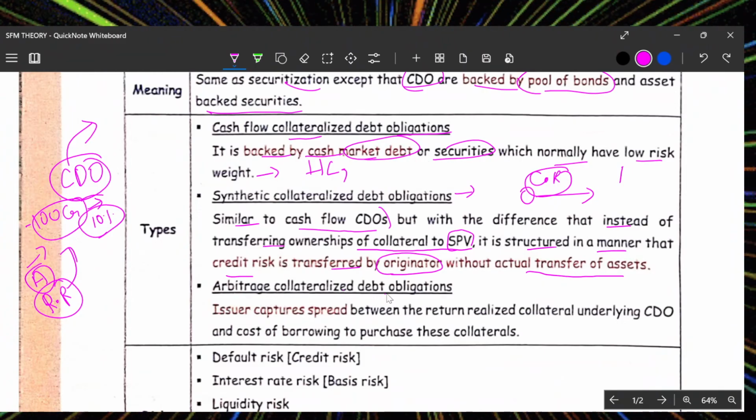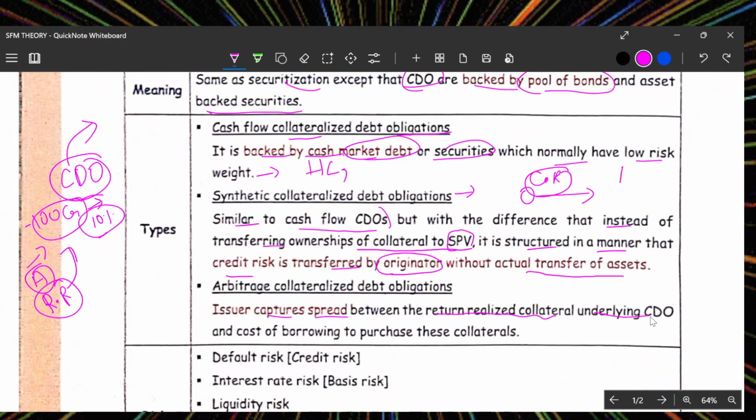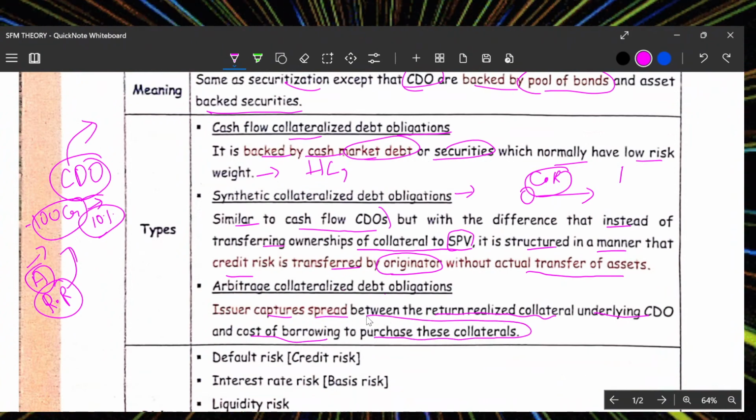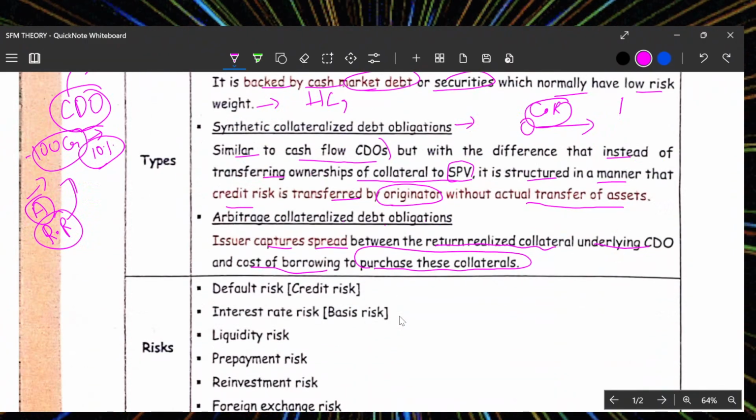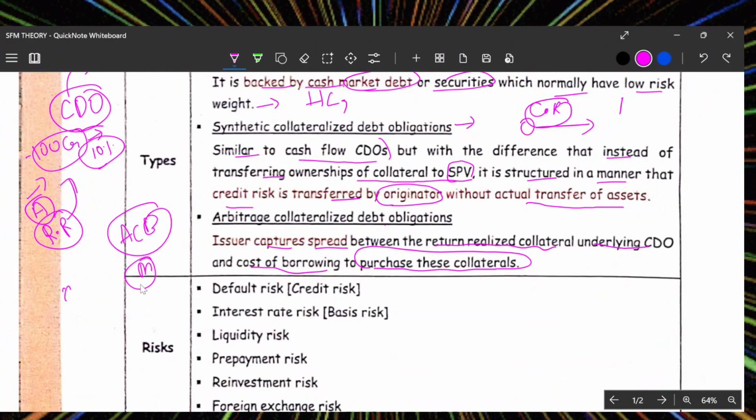Arbitrage collateralized debt obligation. The issuer captures the spread between the return realized on the collateral underlying the CDO and the cost of borrowing to purchase the collateral. What is the difference between the CDO price and the actual market valuation? That is the spread they get on the underlying CDO and the cost of borrowing.